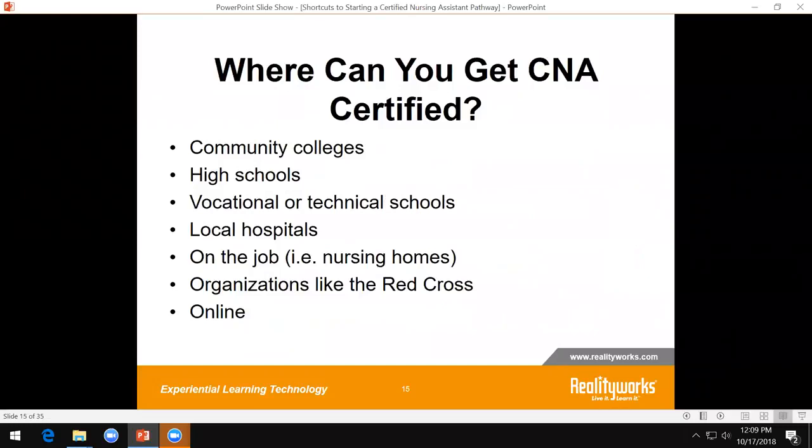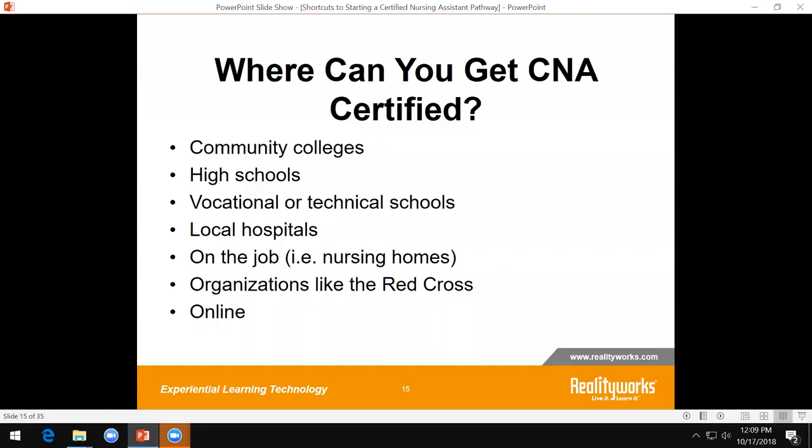So where can you get a CNA certification currently? Well, per the U.S. Bureau of Labor Statistics in 2016, there were approximately 1.4 million employed as certified nursing assistants. Nursing care facilities employed the greatest number of nursing assistants at 37%, while only 4% currently work in home health care. So just where can you get a certification?